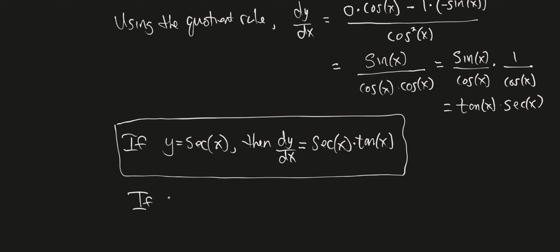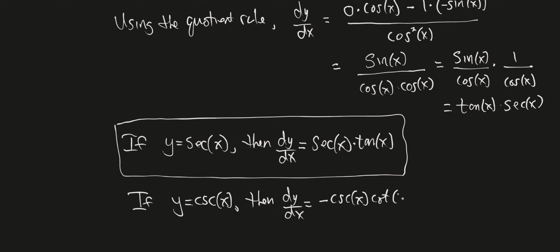So here's our final one. So we've made it to 6. So if y is equal to cosecant of x, then its derivative is negative cosecant x cotangent x. All right? And there we have it.